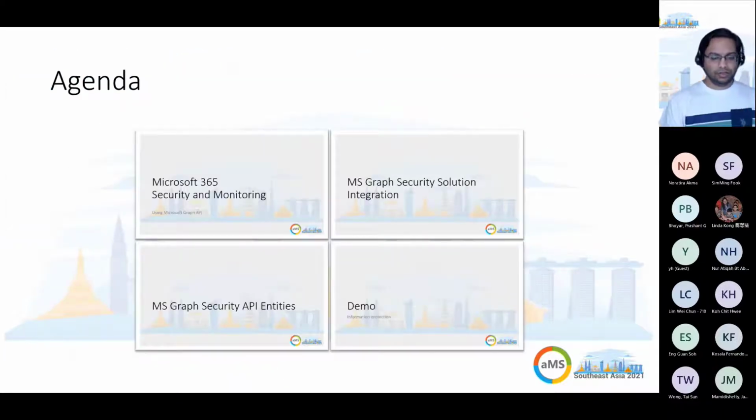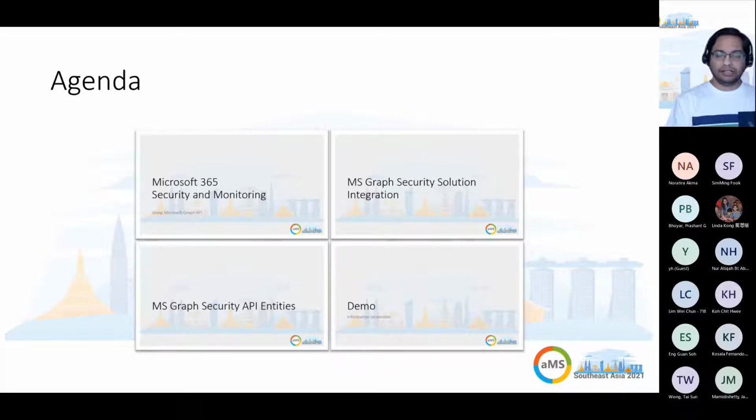Now, let me jump and talk about what I'm going to cover in the session today. I'm going to talk about the Microsoft Graph API, very specifically around Microsoft 365 security and monitoring. Then I'm going to talk about how you can use the Microsoft Graph API in your security solutions to integrate with it.